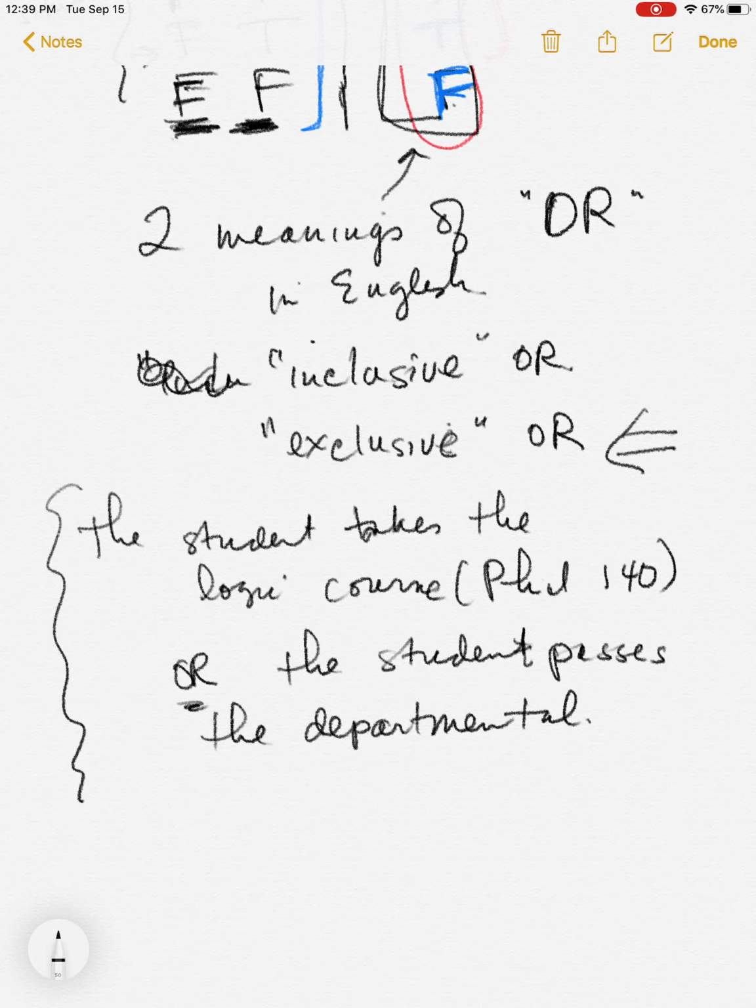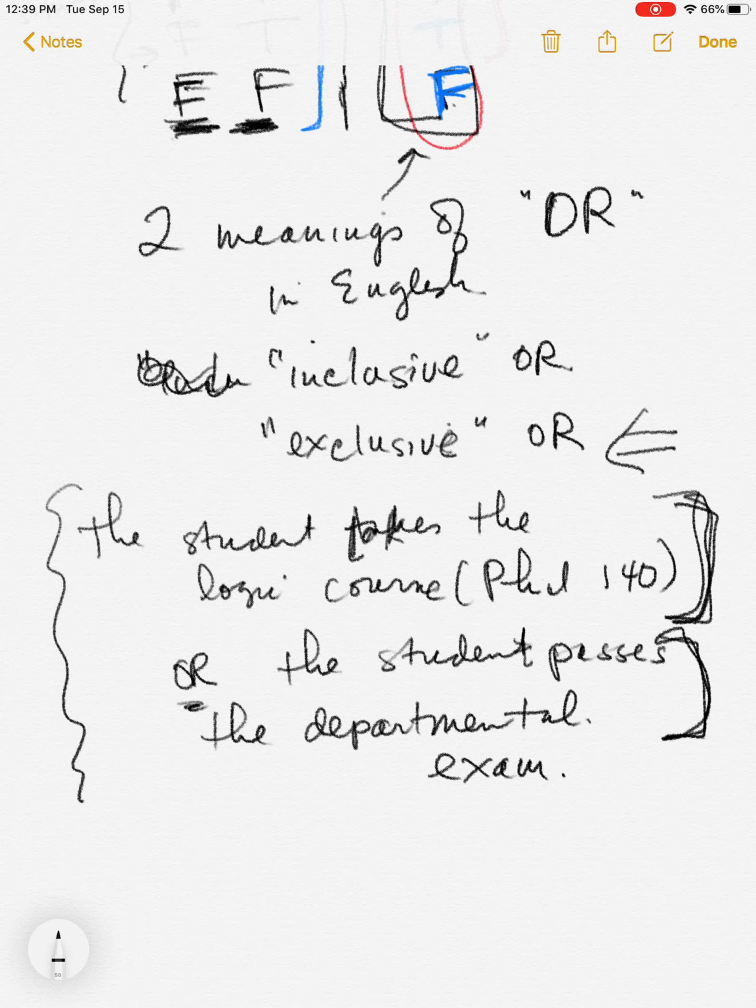So suppose, think about a Harvard student. Suppose you've got a Harvard student who both takes and passes Philosophy 140 and takes the departmental exam and passes it.